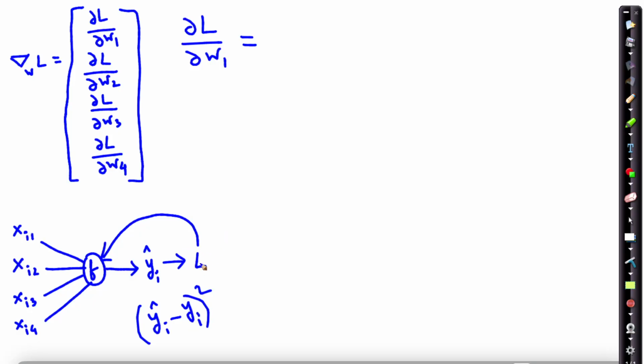This is L. So we got L using yi hat. This L in turn is dependent on f, and f is dependent on the weights W1, W2, W3 and W4. We are taking this example with a 4-featured data set. This f is dependent partially on W1, partially on W2, partially on W3 and on W4.